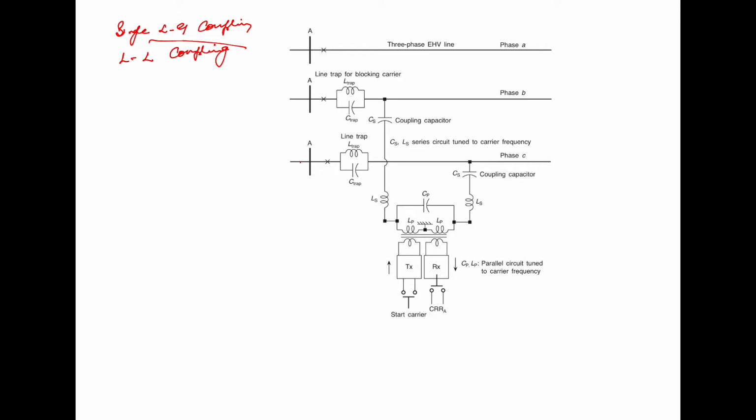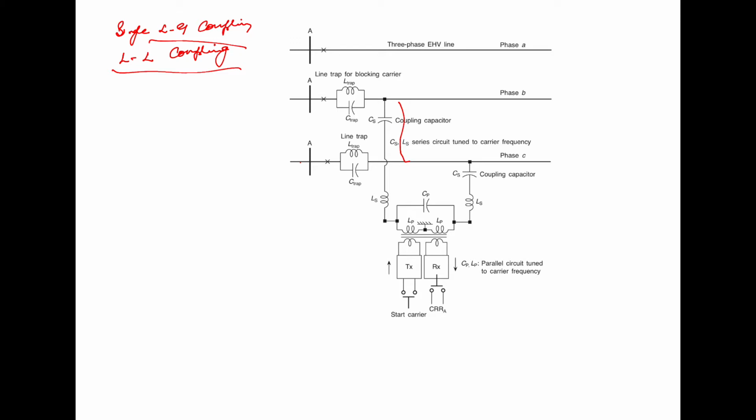Another type of coupling is the line to line coupling. The figure here shows the line to line coupling, that is, coupling on a line to line basis. The carrier signal propagates through the air between the line conductors, and therefore the attenuation in this case is much less.